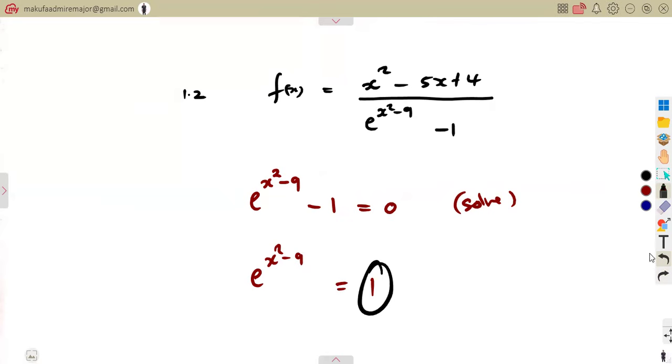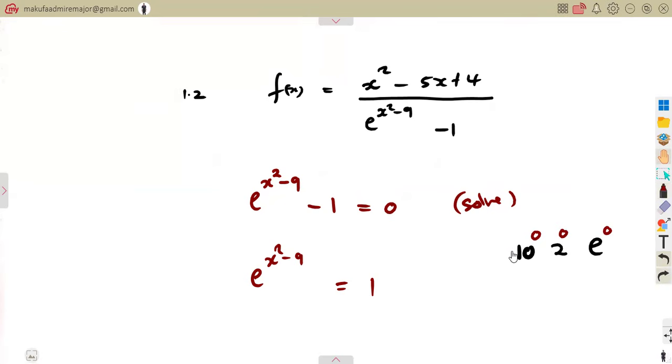Remember, 1 is a number that can be written in any base. It can be the base of 10, the base of 2, any base that you can think of. But that base must be raised to the exponent of a 0. Any number to the power of a 0 is 1.